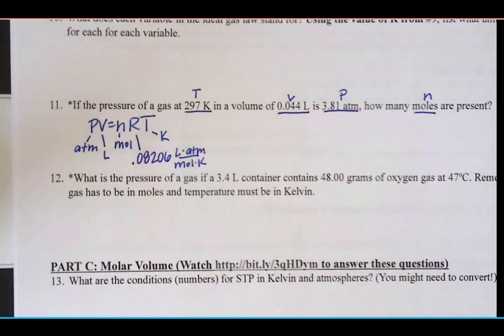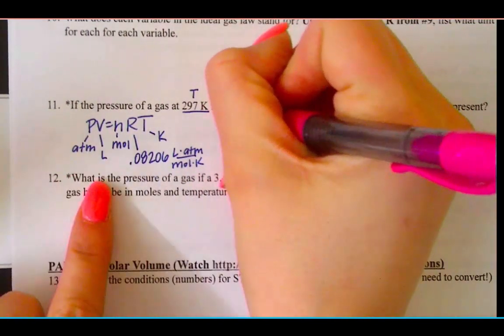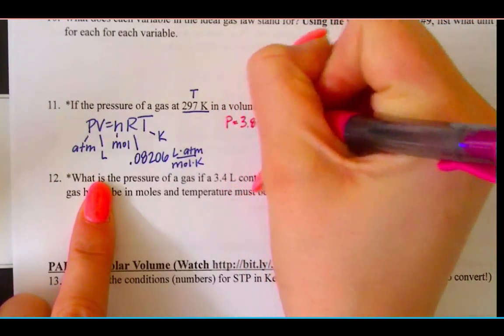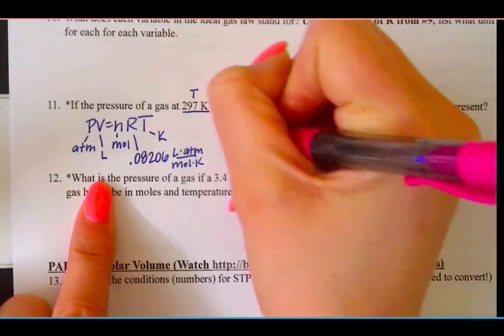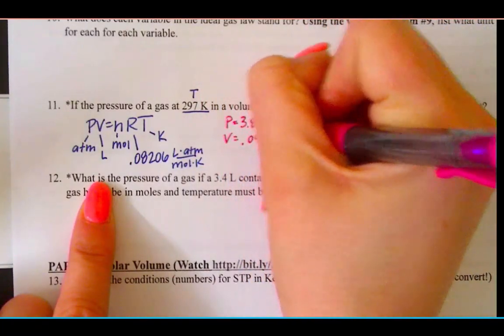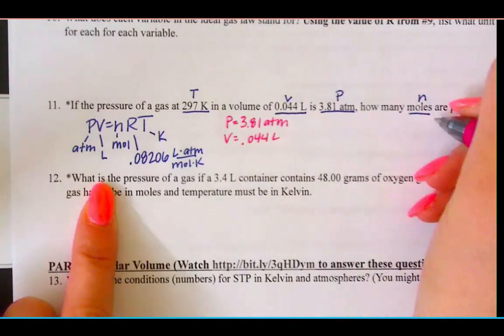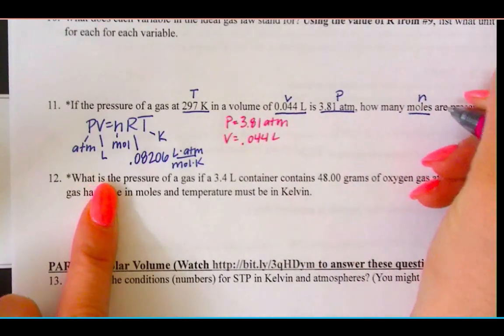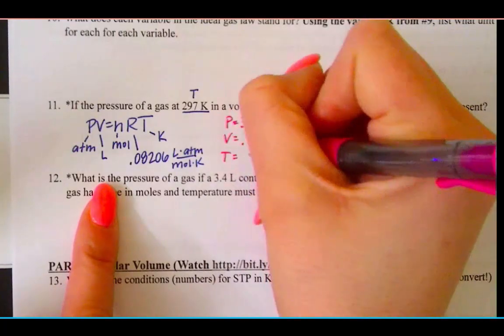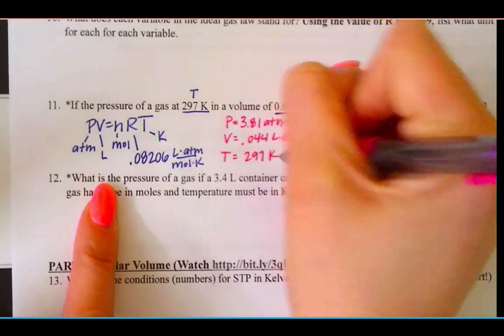I will show you what I've had some people do before. They like doing this just so they can see all their variables, is they'll actually go down the side. So pressure, 3.81 atm, volume, 0.044 liters, n is what I'm solving for, and temperature is 297 Kelvin.